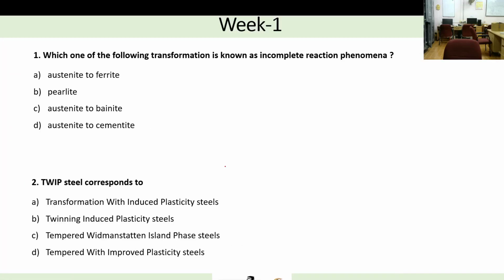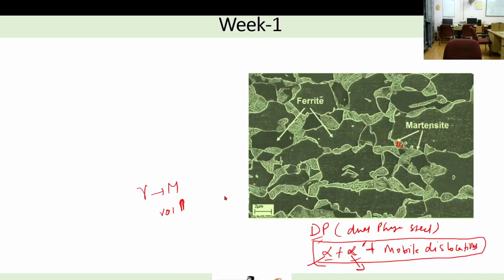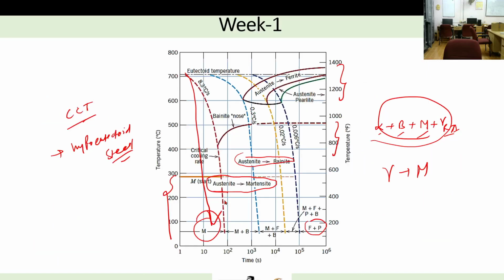If you are cooling your austenite phase, then ferrite or cementite or pearlite are the result of equilibrium cooling. If you are cooling it very slowly, there is nothing retained in it. So you might have seen in this curve here, when you are crossing this line, or if you are towards the right side of this cooling rate, your microstructure will be ferrite plus pearlite, and there is nothing retained.